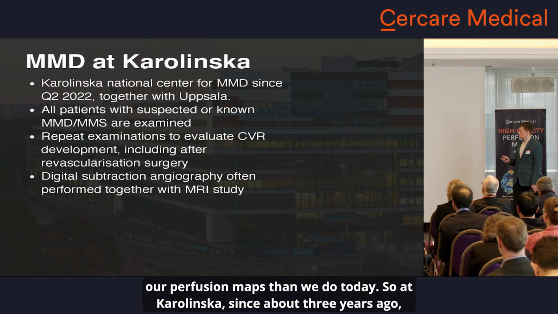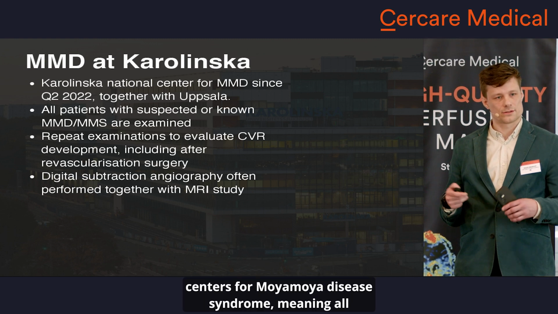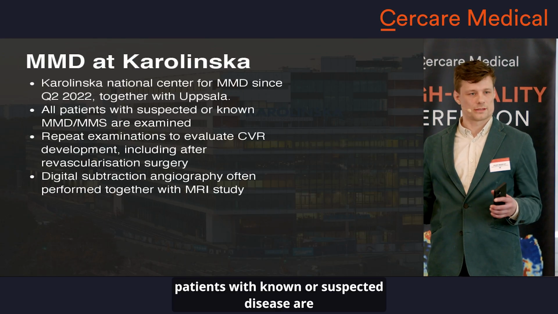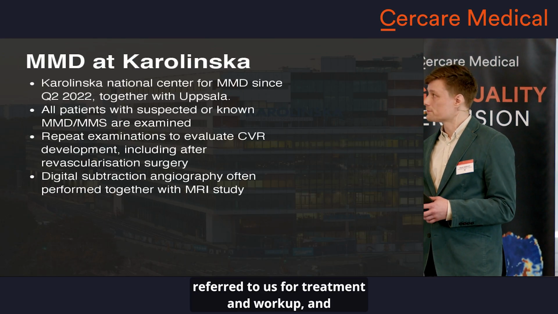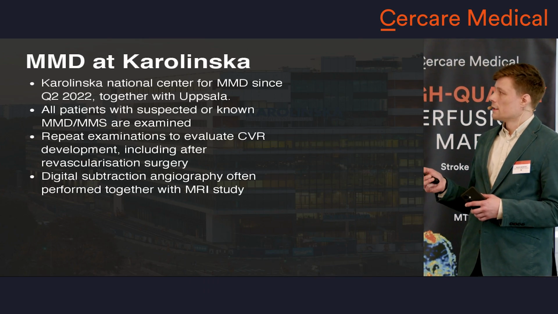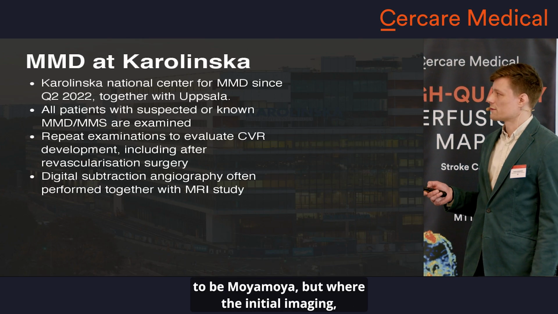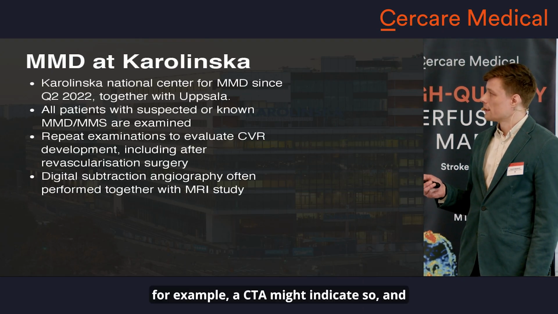So at Karolinska, since about three years ago, we, together with Uppsala, are national centers for Moyamoya disease and syndrome, meaning all patients with known or suspected disease are referred to us for treatment and workup. And this includes also cases that turn out not to be Moyamoya, but where the initial imaging, for example a CTA, might indicate so.